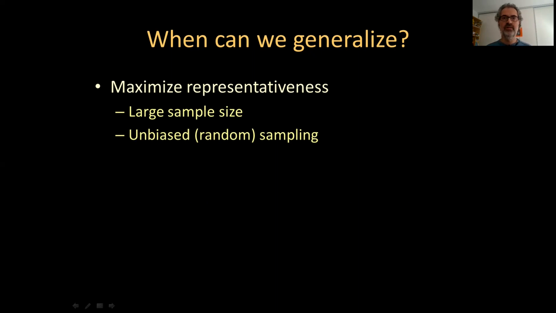If we knew the value of the parameter, we wouldn't need to sample in the first place. So we can never know if we have a representative sample. But we can try to maximize our representativeness, and we do that in two ways. The first one is to have as large a sample size as possible, as practically feasible. The second one is to use an unbiased sampling method, that is random sampling.